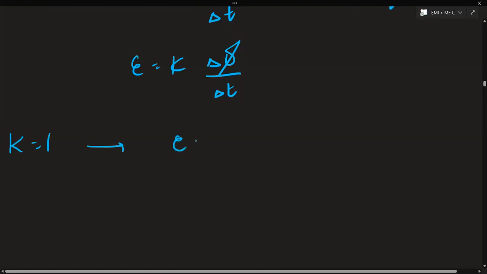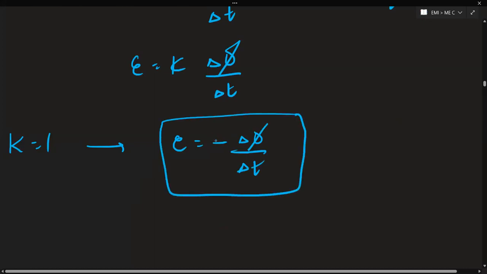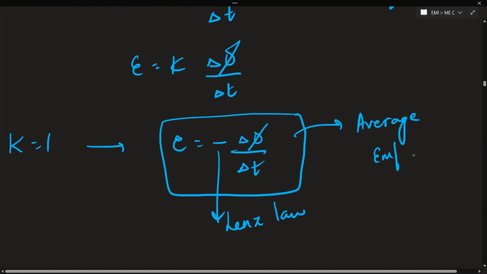Therefore, the EMF is minus delta phi over delta t. Now, why do we add this minus sign? That we'll do in detail, because this is in your syllabus on how to solve it. Remember, we had done average current and instantaneous current. So this will be the average EMF.